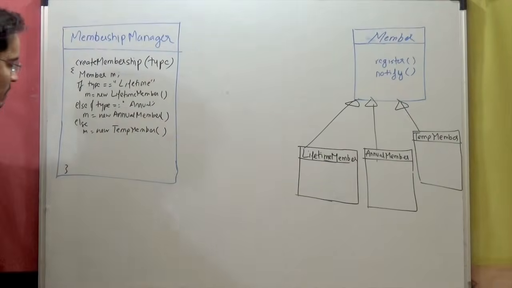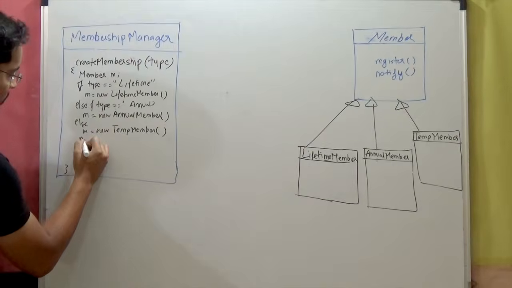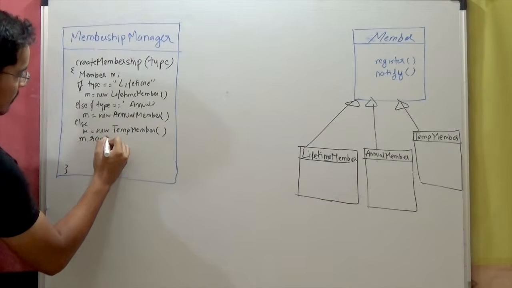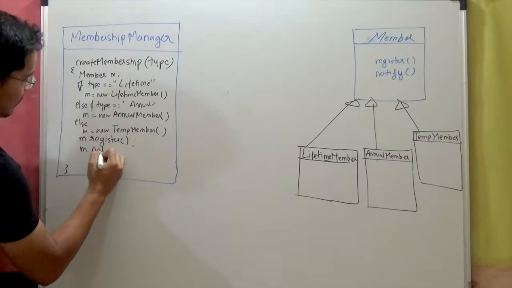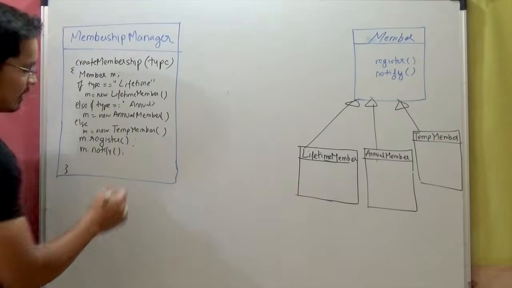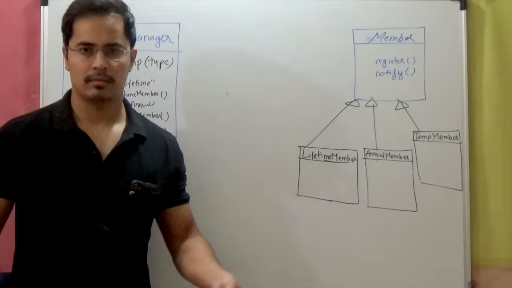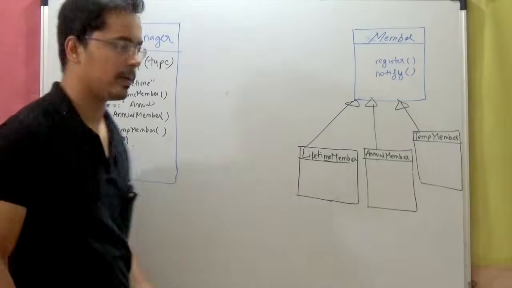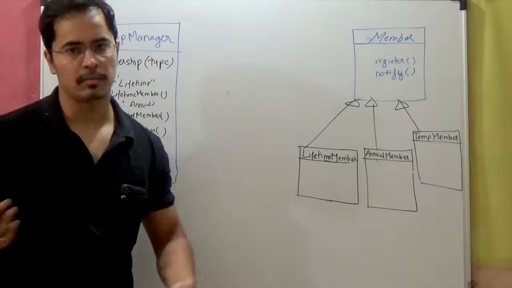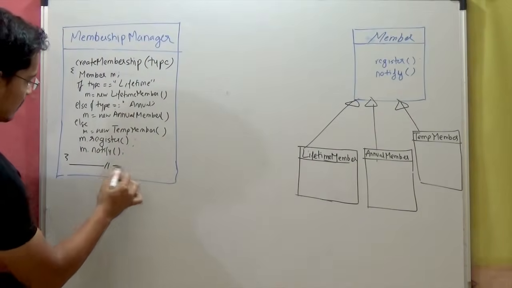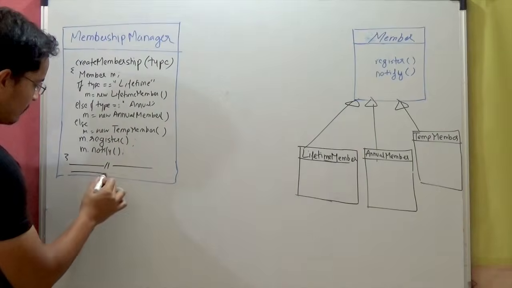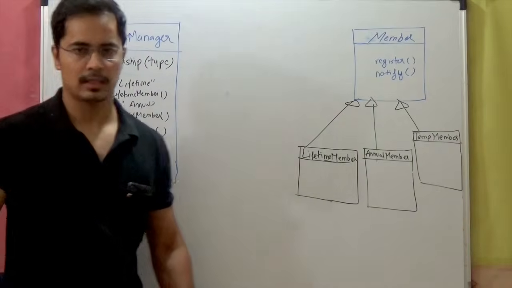We have created the member, then we'll follow up with member.register, register the member in the system, right? And then member.notify, notify the member via email or something that your membership has been created. This was the way we were managing the memberships. And then obviously this had a few more methods such as update membership, delete membership, and things like that.